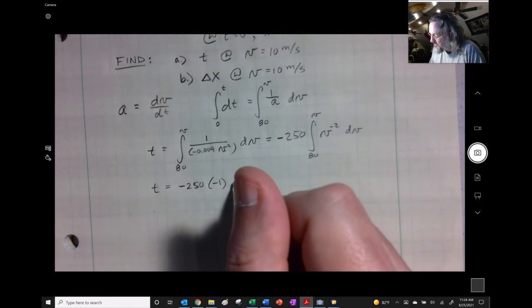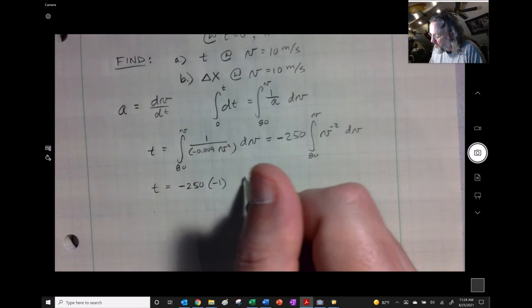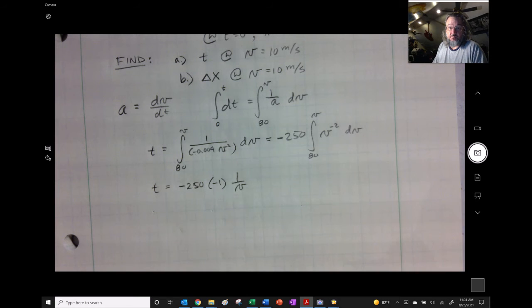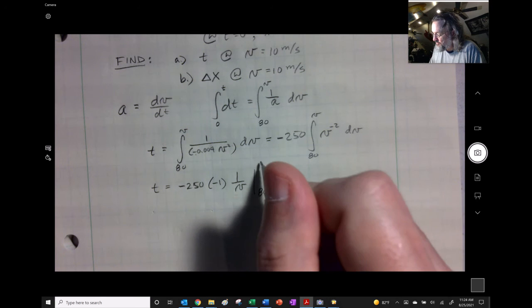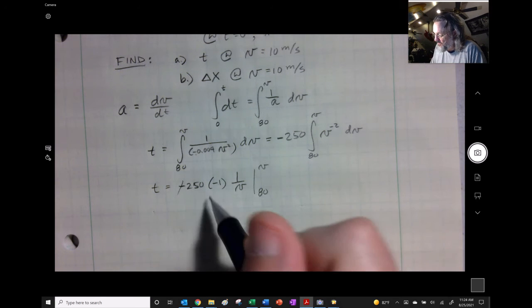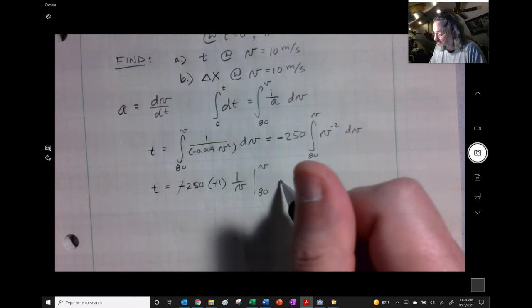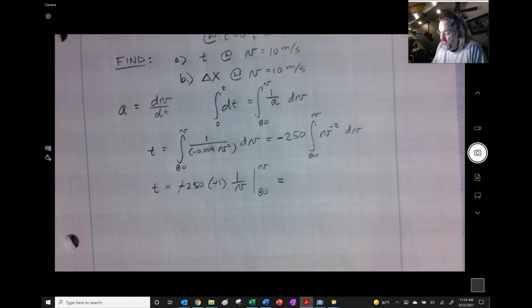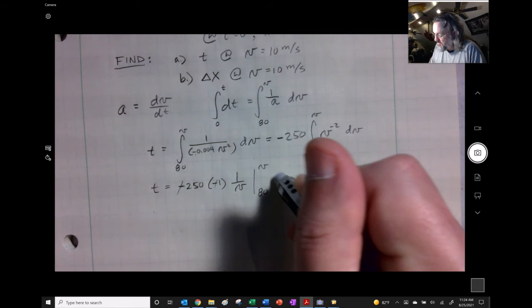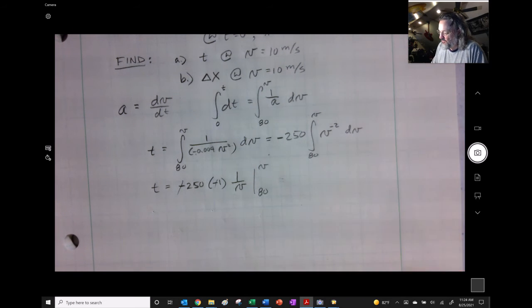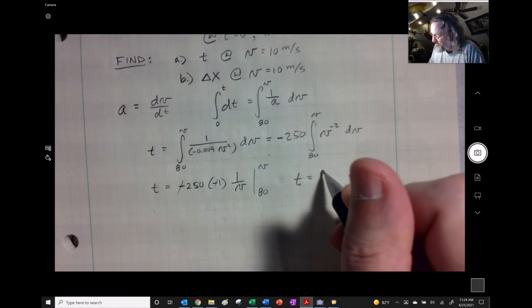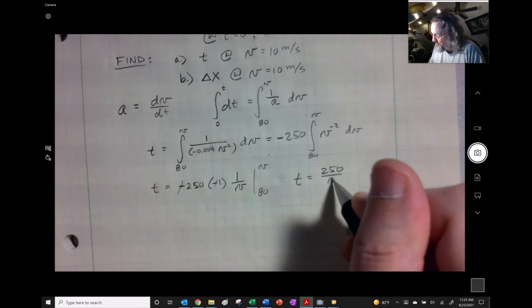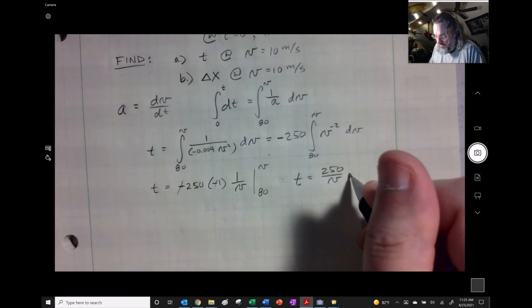And then times 1 over v, and we need to do that from 80 to v. Those negatives cancel out right there. And maybe I want to write that down separately. Yeah, I'll write it down as a whole new thing. t is equal to 250 over v minus 80.